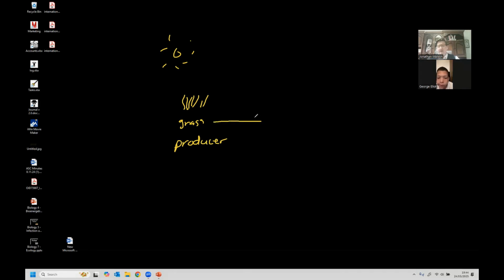And what does this arrow mean? Eaten by. Is eaten by, let's say, a rabbit again. But rabbits don't eat grass. But sheep do. Okay, I suppose we can have sheep, can't we?